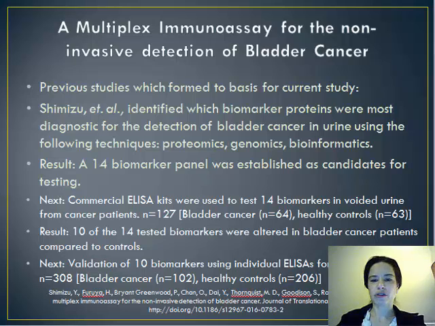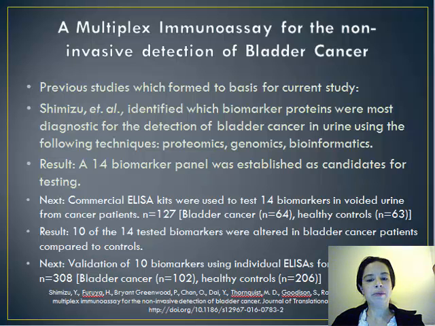So actually, this group had done a lot of preliminary work before they designed this experiment and optimized it. At first, there were so many possibilities for biomarkers. So how did they pick the top 10? How did they figure out that these 10 are the ones we really should look at?